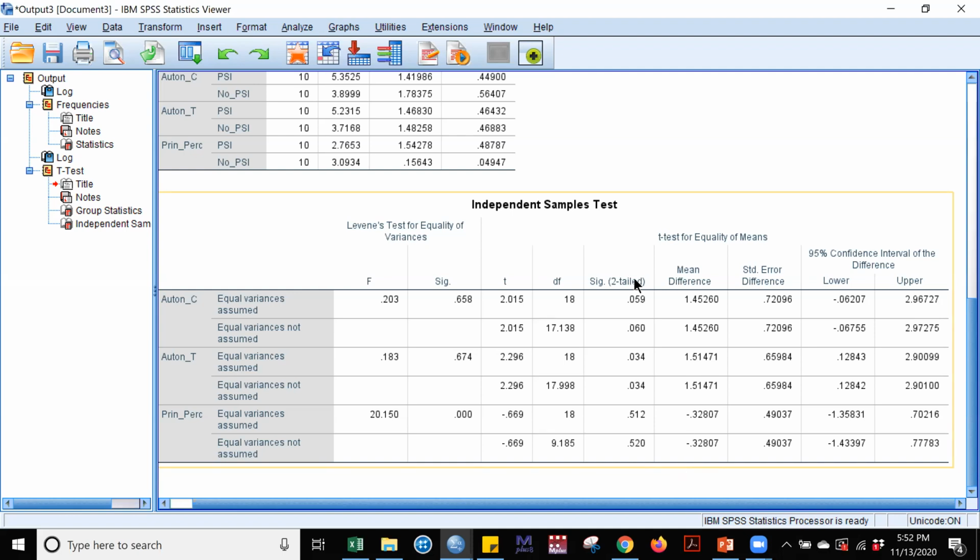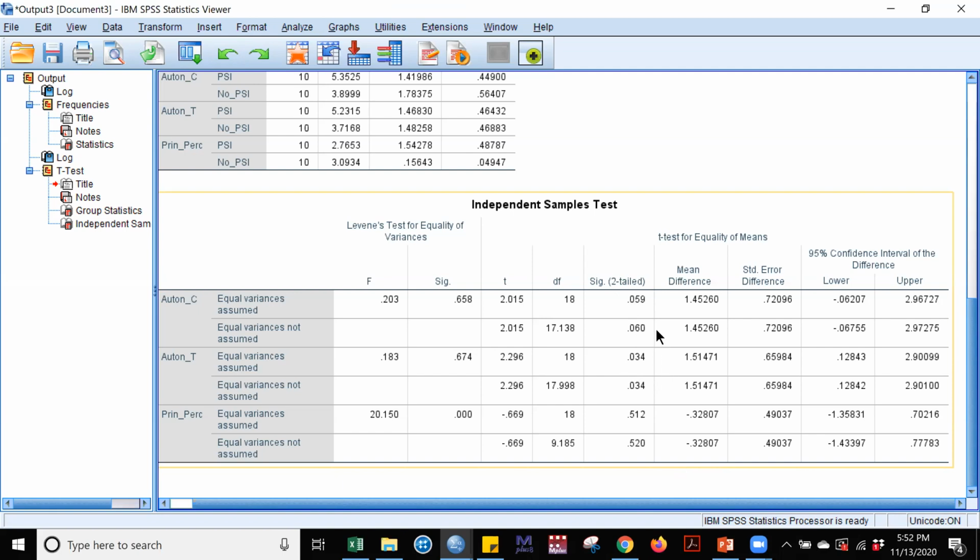So you see 0.059, and you think, well, I have a hypothesis with an alpha of 0.05, that doesn't fall below 0.05, so I don't reject the null hypothesis, I retain it.